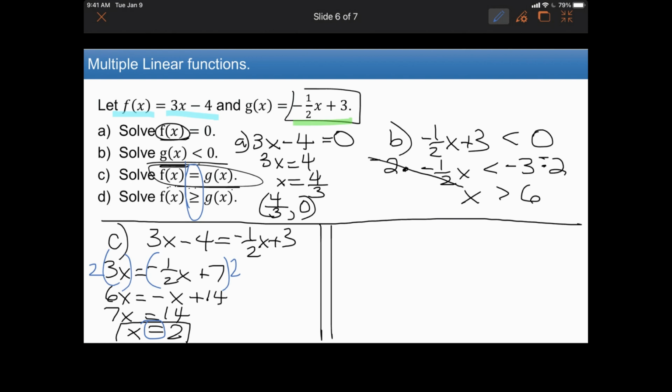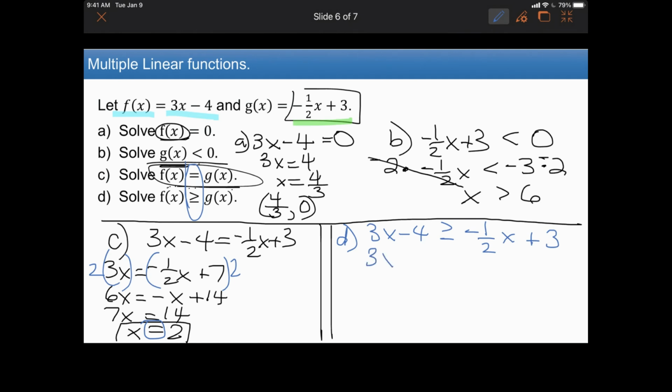We just write that? Well, let's try and see. So again, f of x is greater than or equal to whatever g of x is, plus 3. Okay. So we're going to add 4.